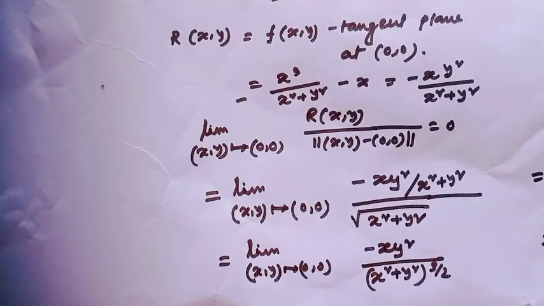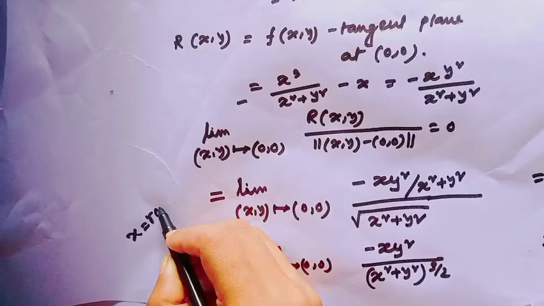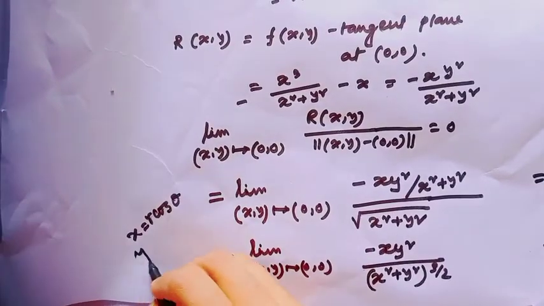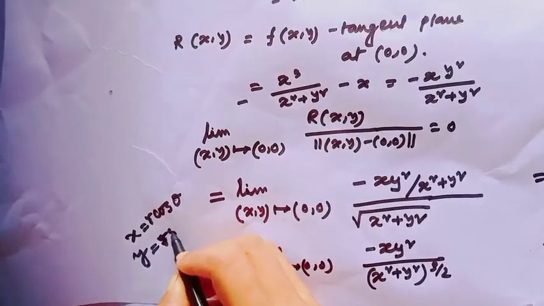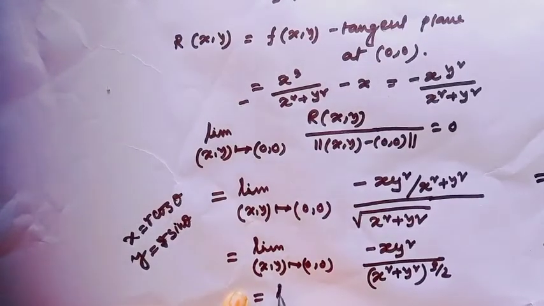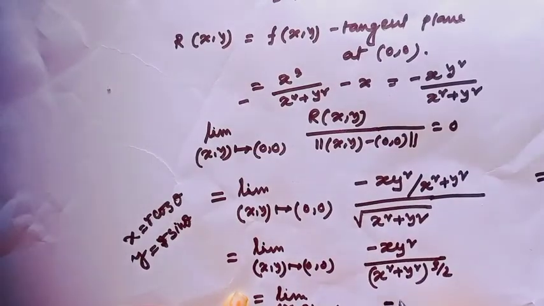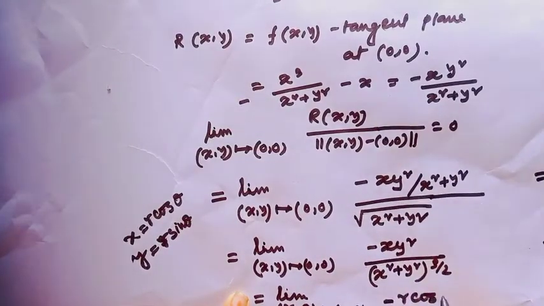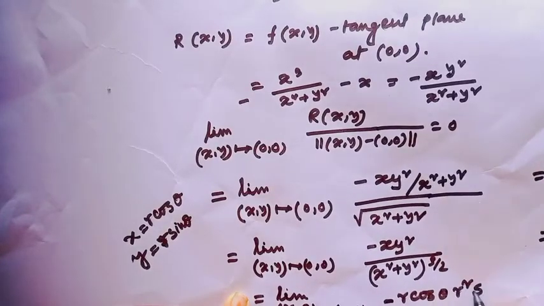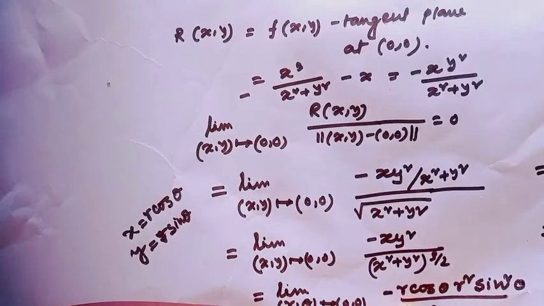For this limit, consider x equal to r cos theta and y equal to r sin theta. Then put this value. This would be the limit (r, theta) tends to (0, 0) of minus r cos theta times r square sin square theta over r square to the power 3 over 2.